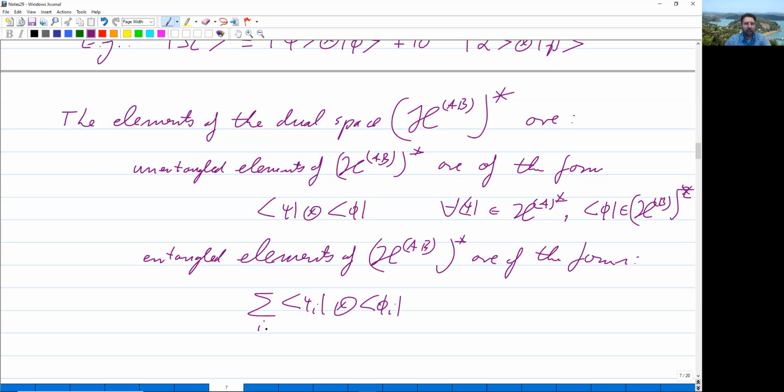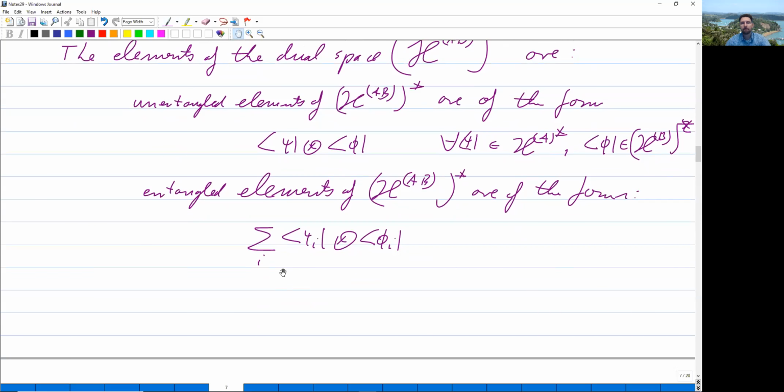For now, we keep it at finite linear combinations, just finitely many terms, because we haven't quite clarified yet how the length of such a vector is to be calculated. Eventually we'll keep that length finite. And once we know what the norm of a vector is in the Hilbert space of the combined system and its dual, then we can sum over infinitely many terms as long as the length of the resulting vector is finite.